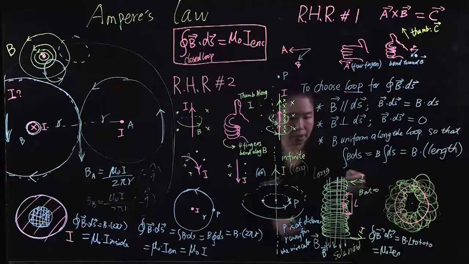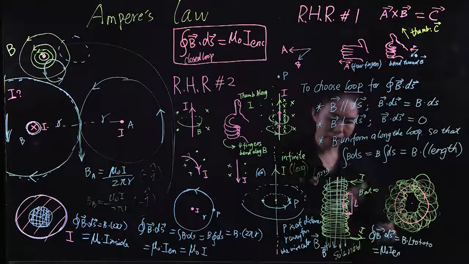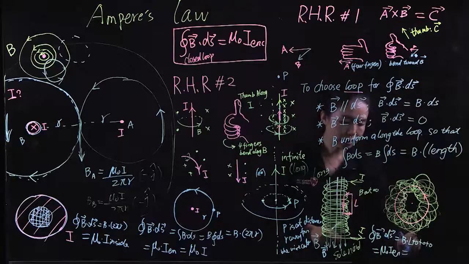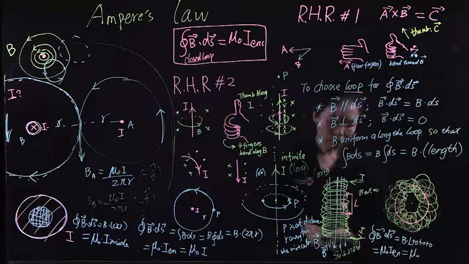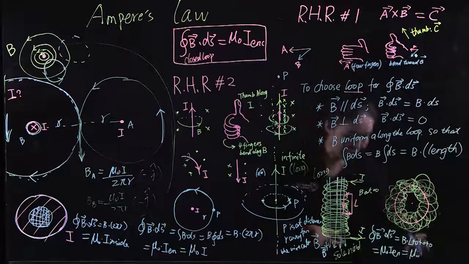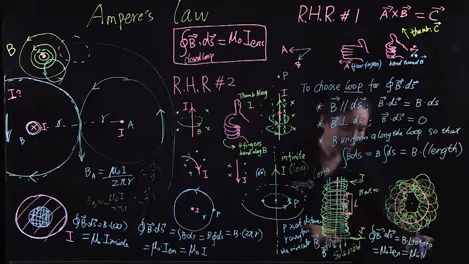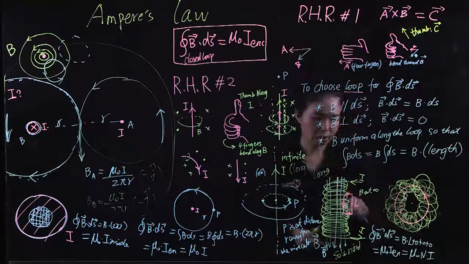However, if I'm sending current I through these wires, the enclosed current is not 1 times I. In this case, counting 1, 2, 3, 4, 5, 6, there are n turns penetrating this loop, times I. That's the total current penetrating this loop.